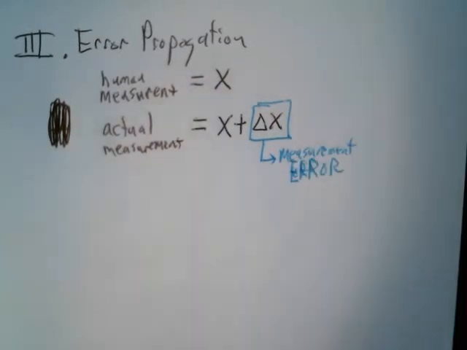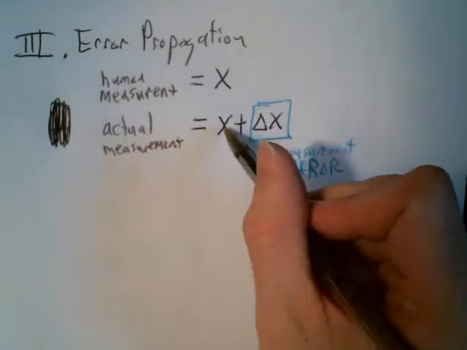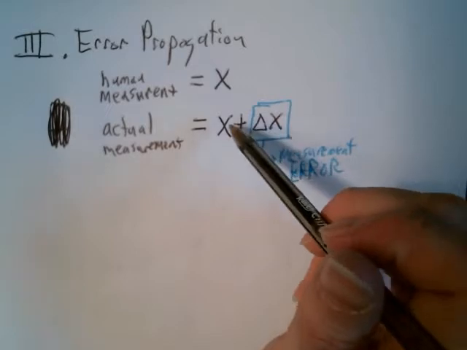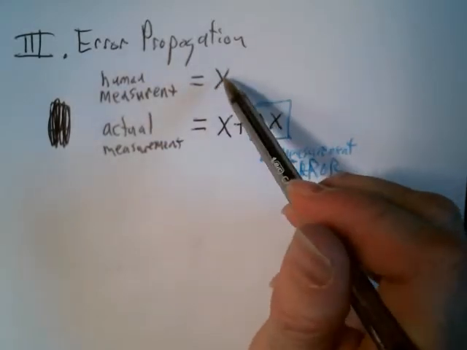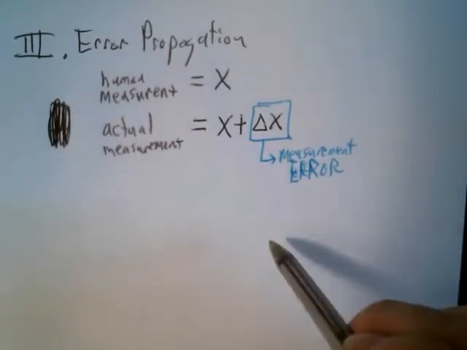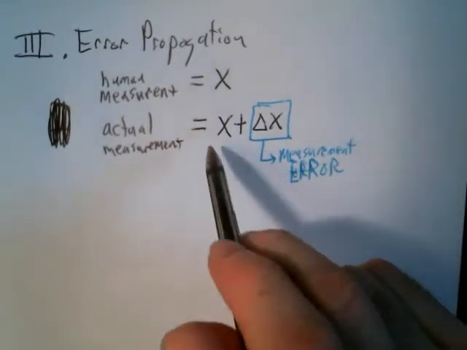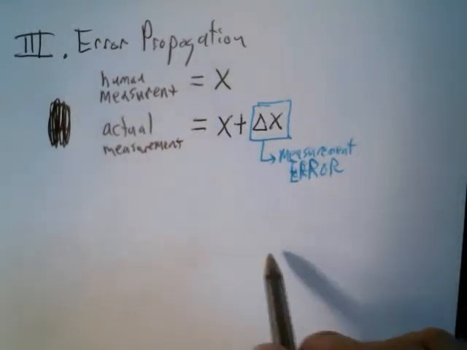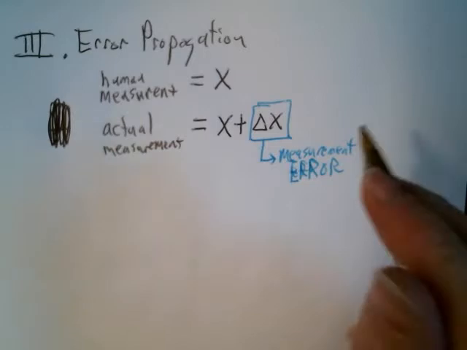Okay. So the error propagation is looking at the difference between using the error measurement in some sort of compounded calculation and the actual measurement in some compounded calculation.